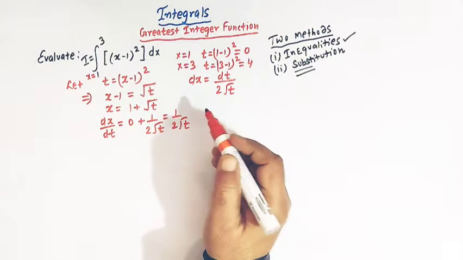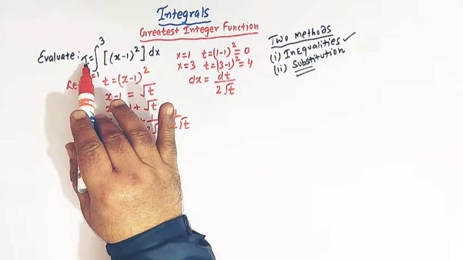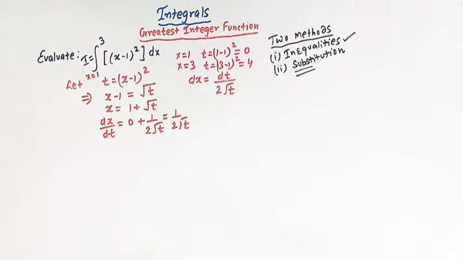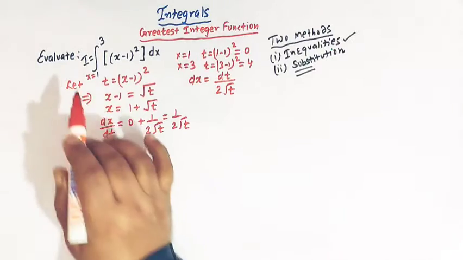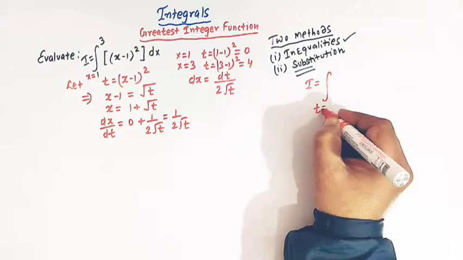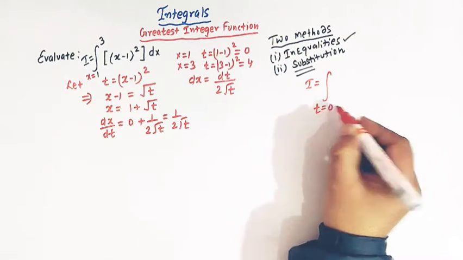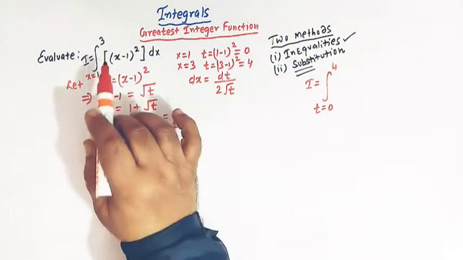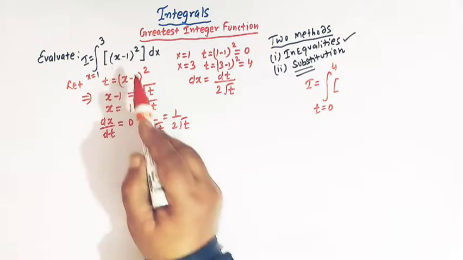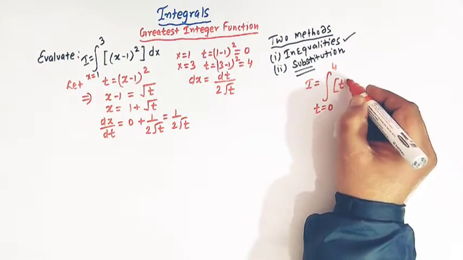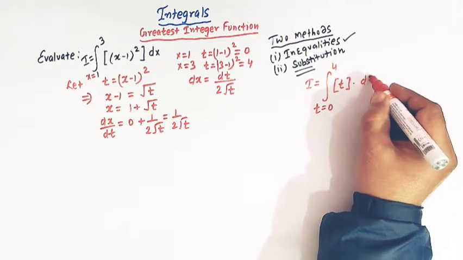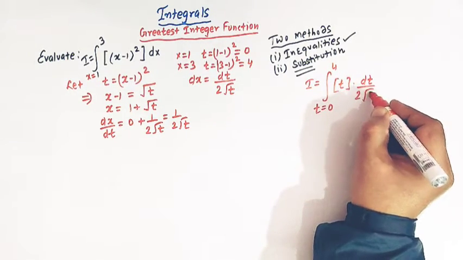Now we are ready to convert this integral I in terms of the new variable t. We can write I as the integral with t from 0 to 4, the greatest integer of (x minus 1) square, that is simply t, and for dx we write dt over 2 root t.